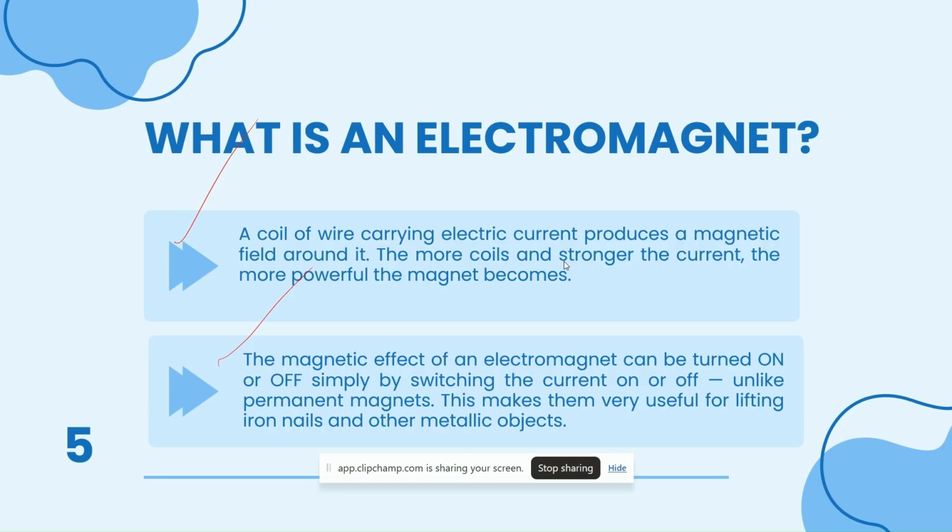Unlike permanent magnets, this makes them useful for lifting iron nails and other metallic objects. That means if we wind more and more coils, then the magnetic field is very strong.